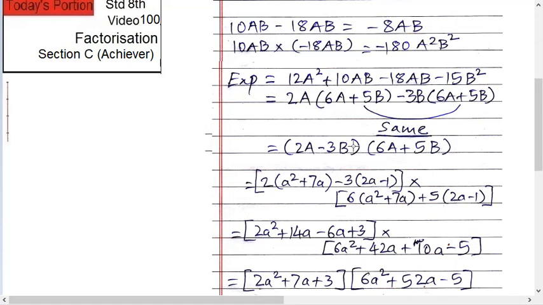Okay, now re-input the values of A and B. So it becomes 2 into a square plus 7a minus 3 into 2a minus 1, into 6 into a square plus 7a plus 5 into 2a minus 1.